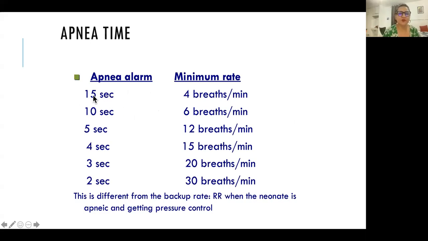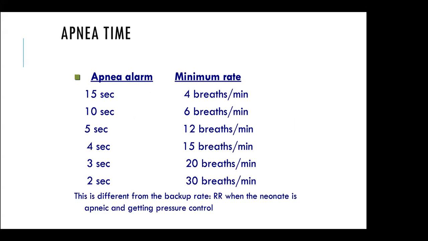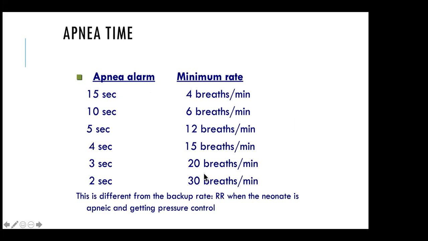So supposing you have kept 15 seconds, then the minimum rate would be 4 breaths per minute. So I don't think 4 breaths per minute is good enough. 10 seconds is 6 breaths per minute, and 5 seconds is 12 breaths per minute. And 4 seconds is 15, 3 is 20, and 2 seconds is 30.